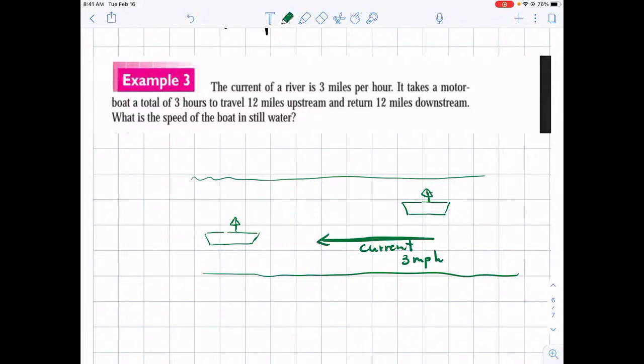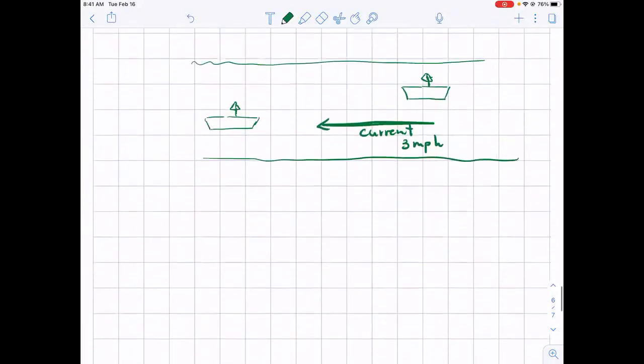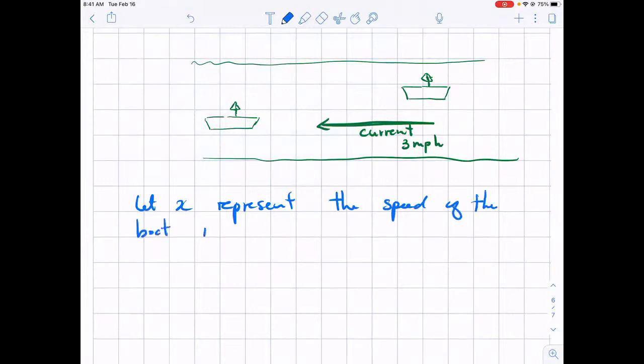Okay. So what we can do is let x equal the speed of the boat in still water. So what we will do is let x represent the speed of the boat in still water.